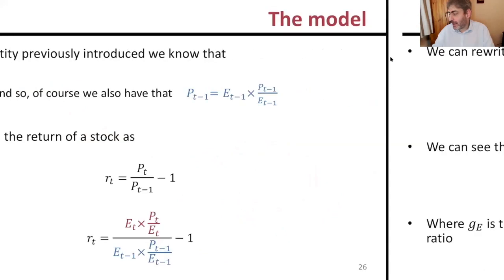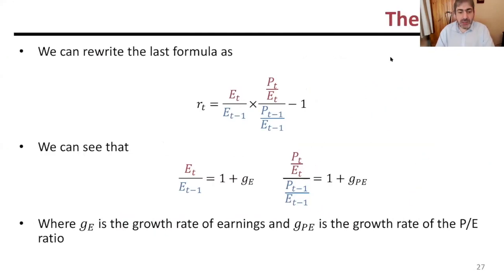Now you can play a little bit with the arithmetic, move stuff left and right, and we get that the return is equal to earnings at t divided by earnings at t minus 1, multiplied by the price-earnings ratio at t over the price-earnings ratio at t minus 1, minus 1.